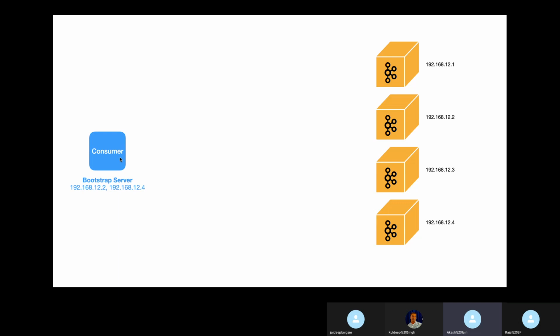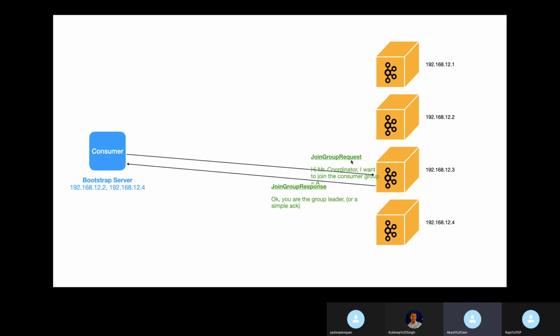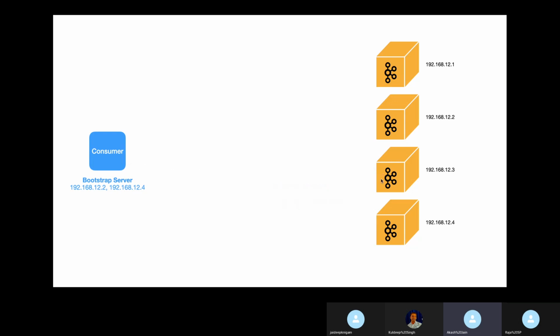Now, with that information, it can make a join group request to the coordinator. Hi, Mr. Coordinator, I want to join the consumer group A. And then the broker responds with a join group response. There are two things that can happen here. Let's say there are 3 consumers in that consumer group.